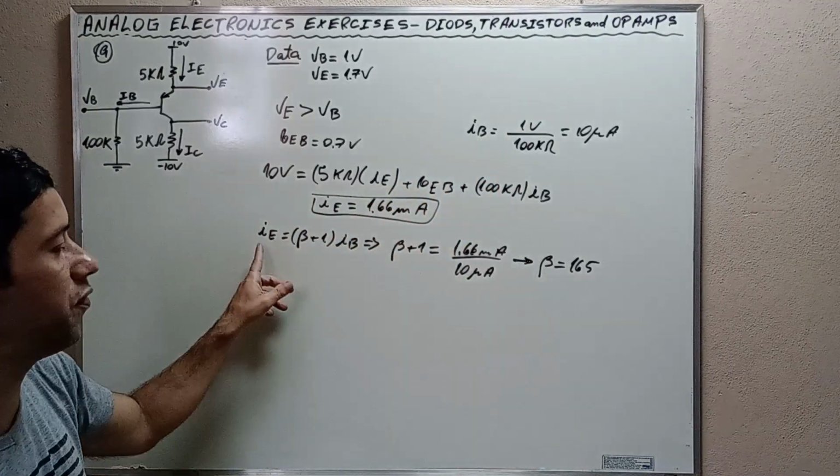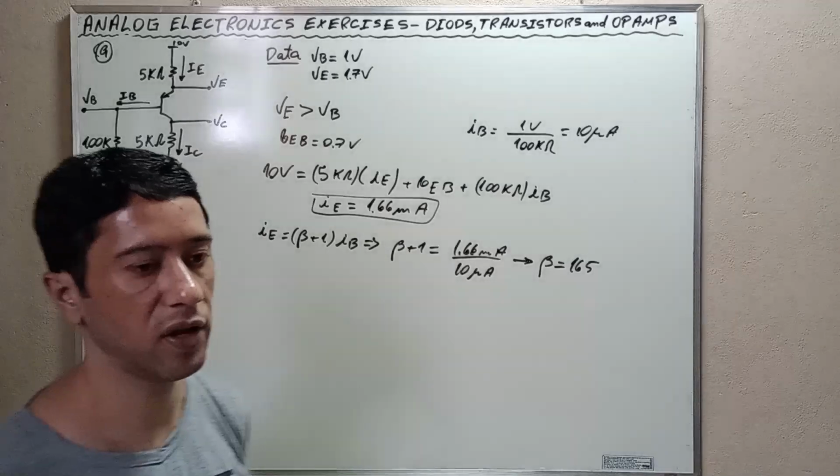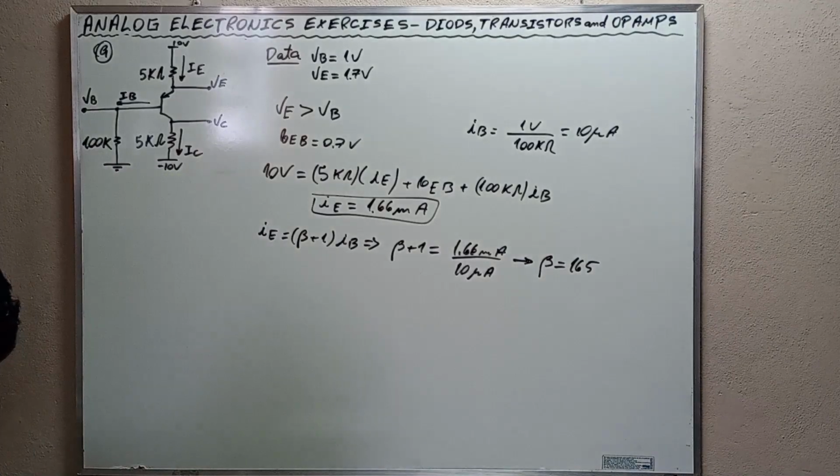Okay, and with the value of IE and the value of IB, we find the value of beta. Alright, and this is the first conclusion.